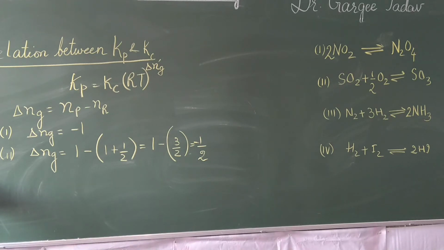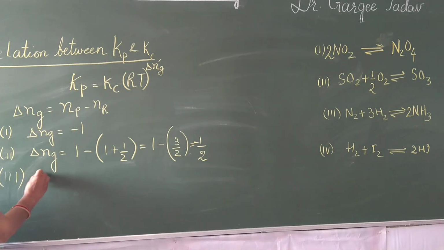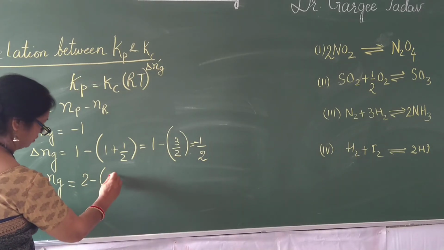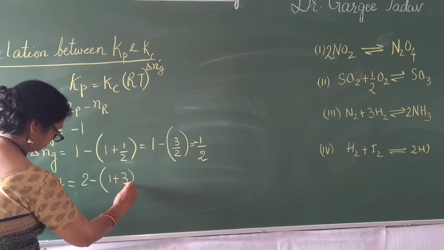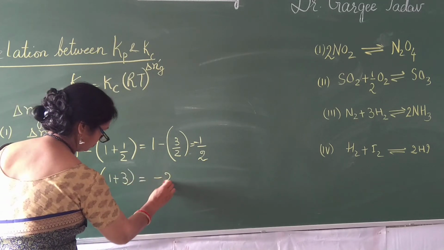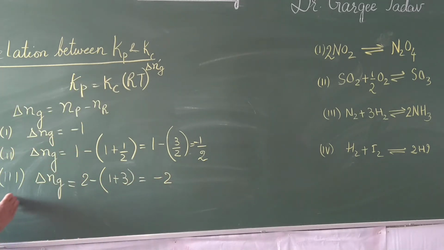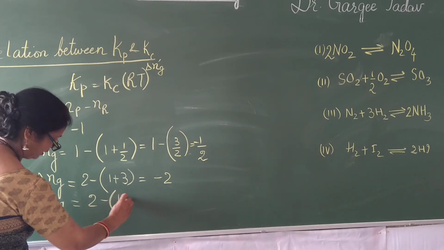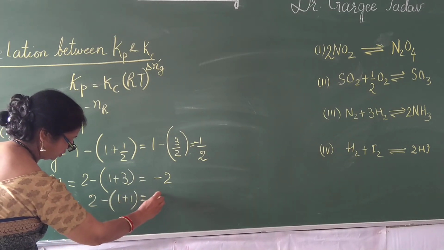Now let's come to the other example, the formation of NH3. Delta Ng will be 2 minus (1 plus 3), 2 minus 4, that will be minus 2. And for the last reaction, delta Ng will be 2 minus (1 plus 1), and that comes out to be 0.